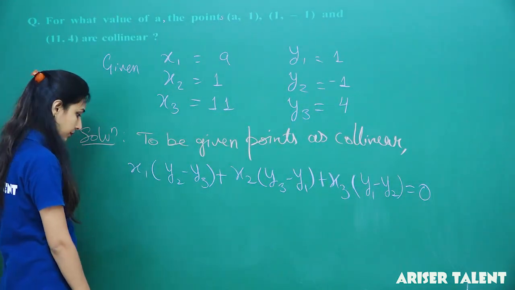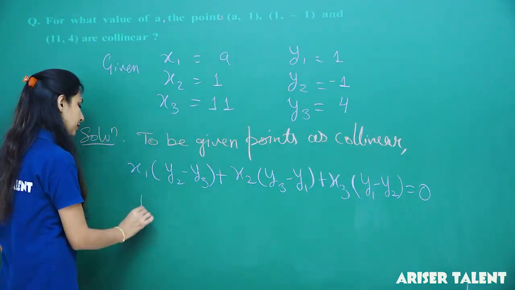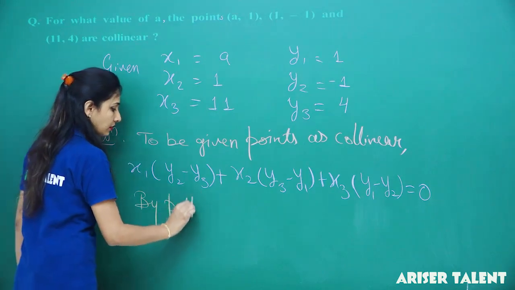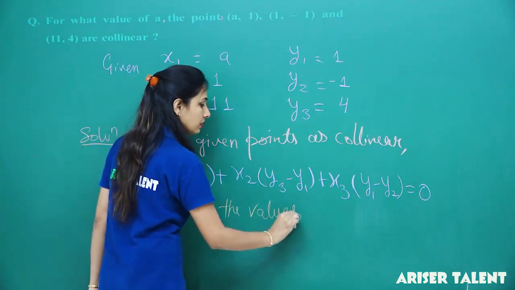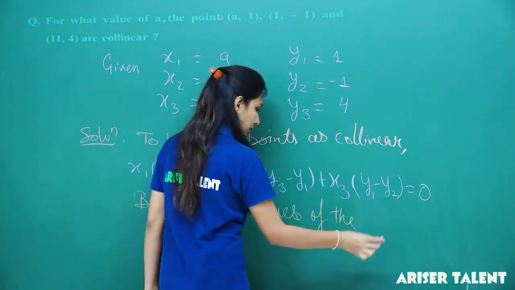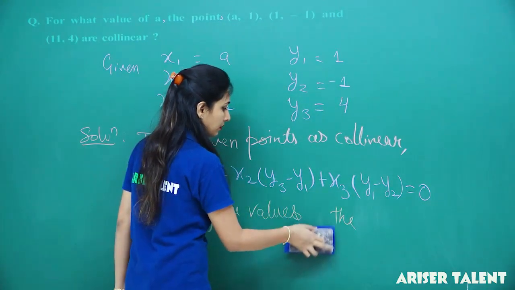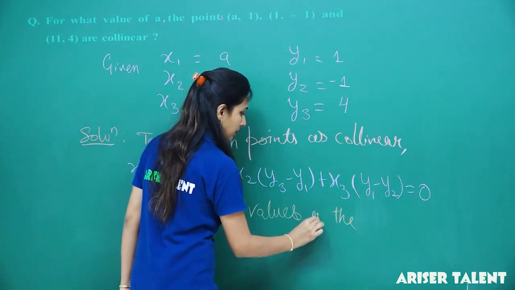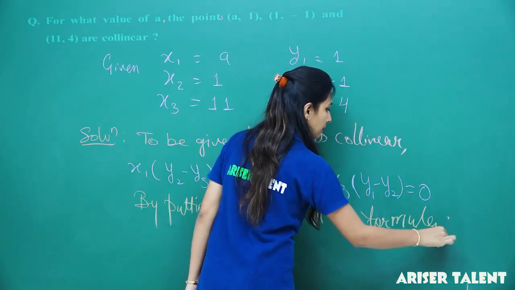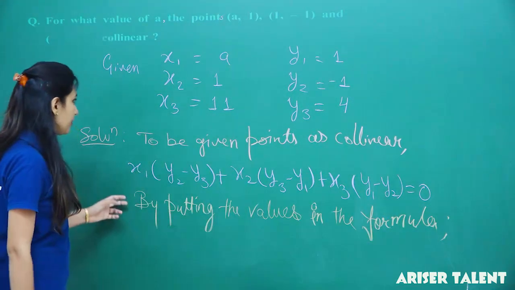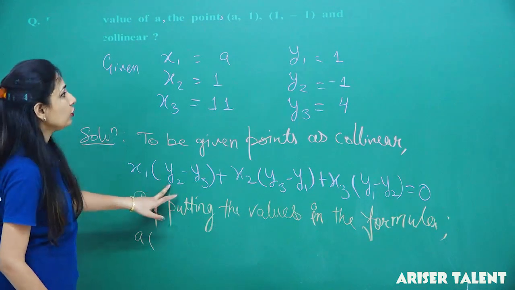So what we'll do is just put the values in the formula. So the value A goes here in the bracket, then y2 minus y3.